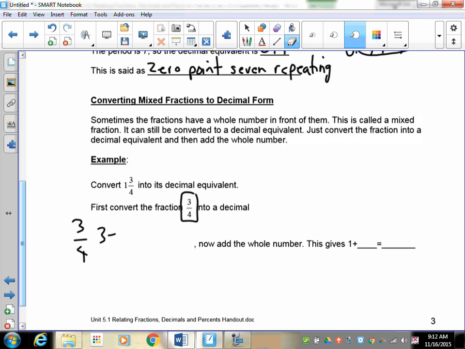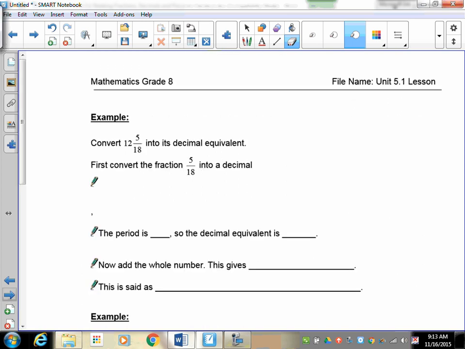So this becomes 3 divided by 4, which is 0.75. Now take the whole number that we had originally and put it with the 0.75. You put them together, you get 1.75. So this is a mixed decimal, matching the mixed fraction, which kind of makes sense. All right, you try this one.